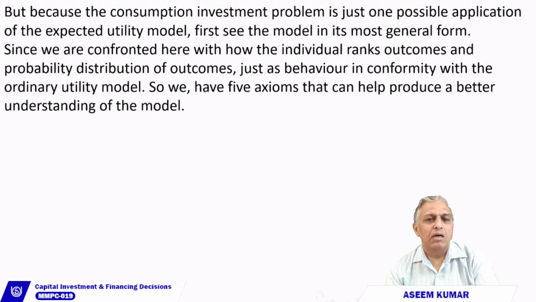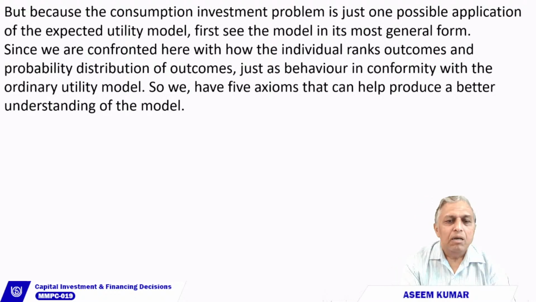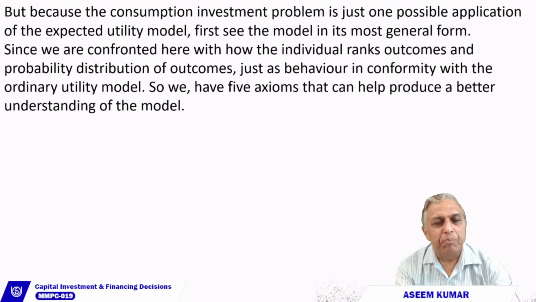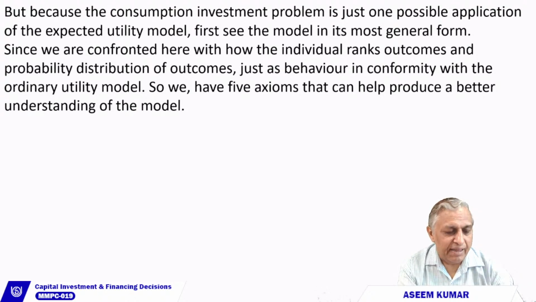So we have five axioms that can help produce a better understanding of the model. Friends, with that we understood that if we have to look at the risk part, or talk about the uncertainty part, first we have to assess where we are. And then we have to take out the connected parameters.